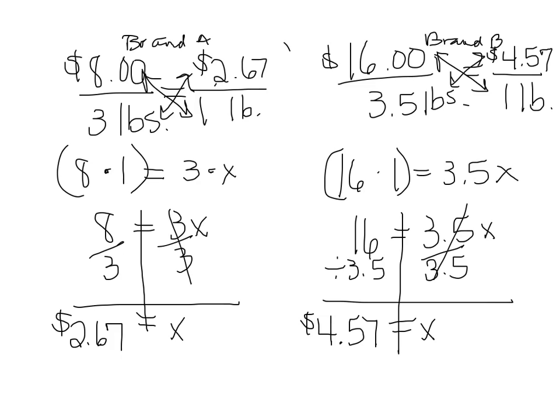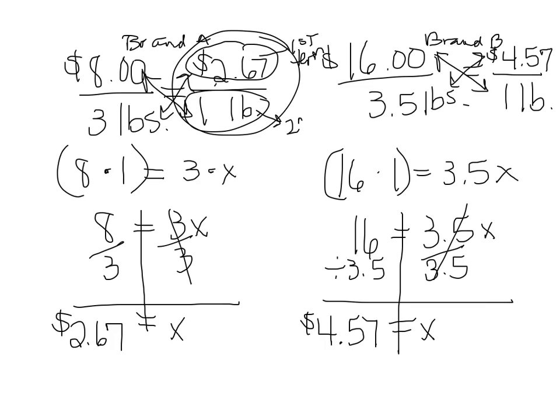When we talk about our rates or our ratios, the top number gets the name of the first term. The bottom number gets the name of the second term. Whenever I say unit rate, your second term must always be 1. And you must put labels on these, because when you're setting up a proportion, your units across the top must match.